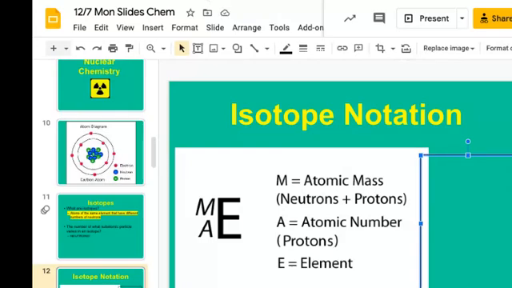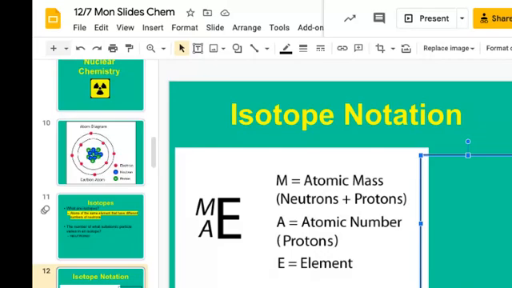An example is here. So we have carbon. There's our element symbol. The number up here, 12, is our atomic mass. So that's how many neutrons plus protons. And our number down here on the left is the atomic number, or how many protons.